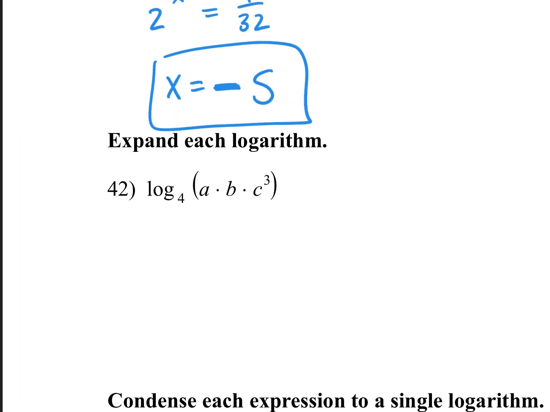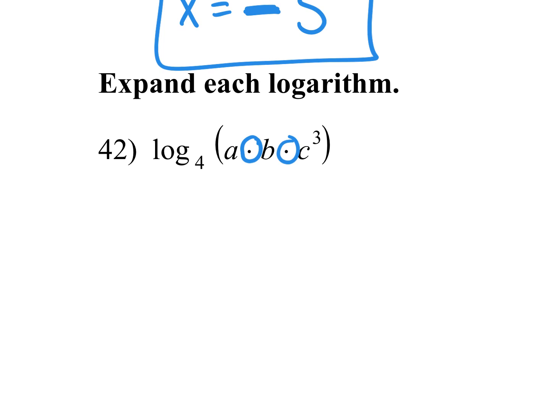For 42, we have log base 4 of a times b times c to the 3rd power. What goes with addition when we are expanding logs? Oh, multiplication. Addition. I said addition. I said the answer. Yes. So log base 4, and we're adding these now. So a, every time we break it up, we have to add a new log.